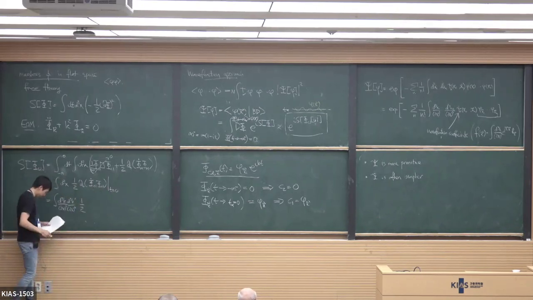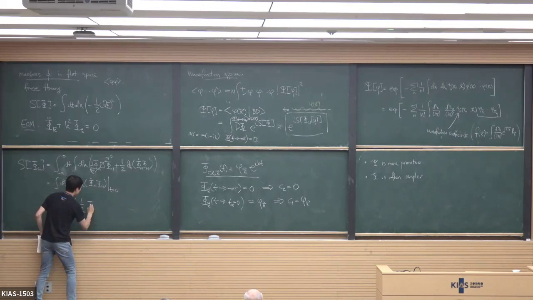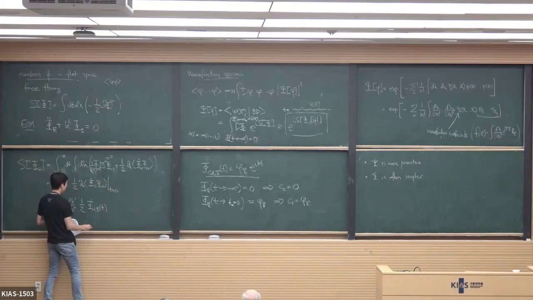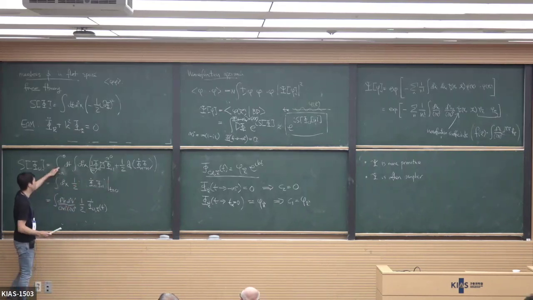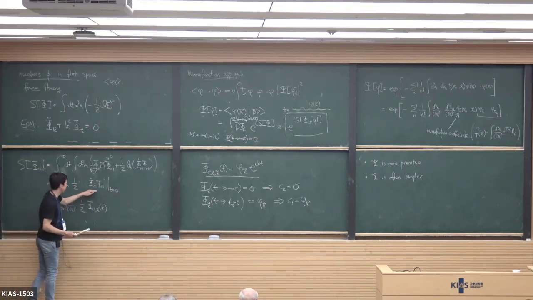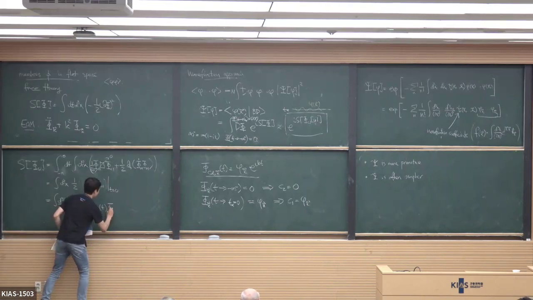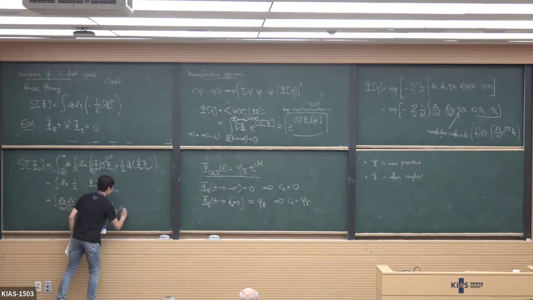We have half phi classical k at t. Sorry, there should be no time derivative here because the total derivative just becomes a boundary term at t equals 0. Okay, and phi classical at k prime at t evaluated at t equals 0.